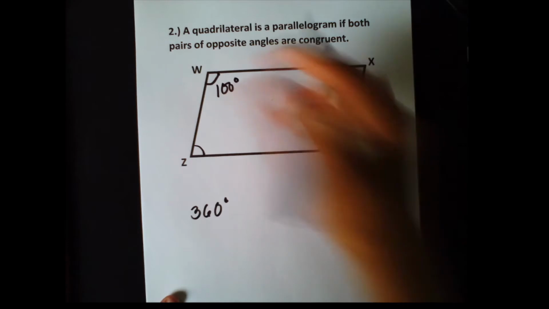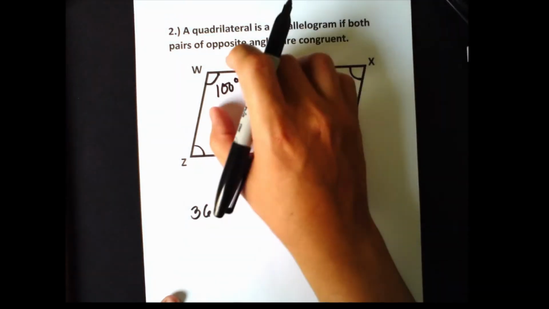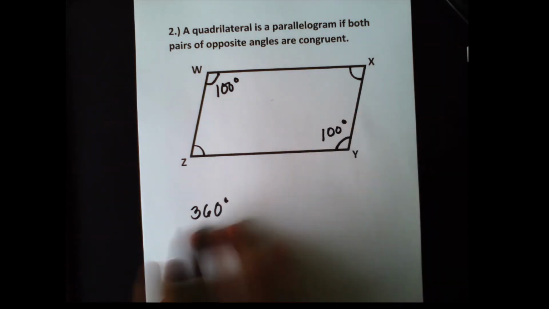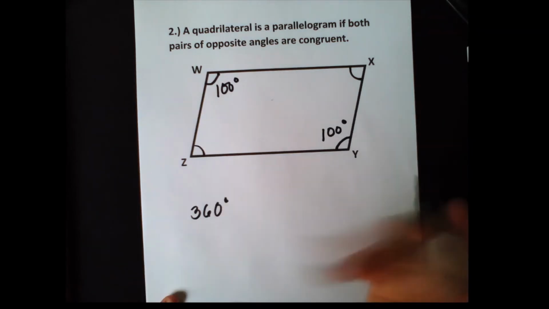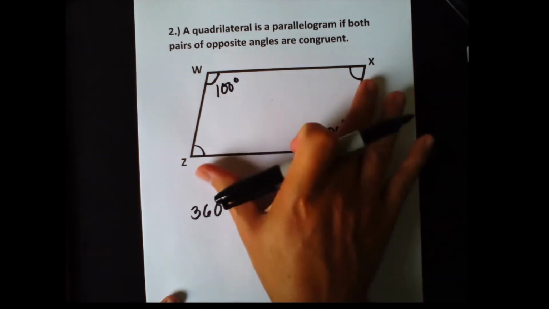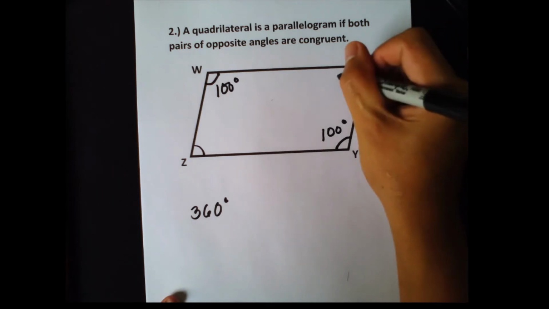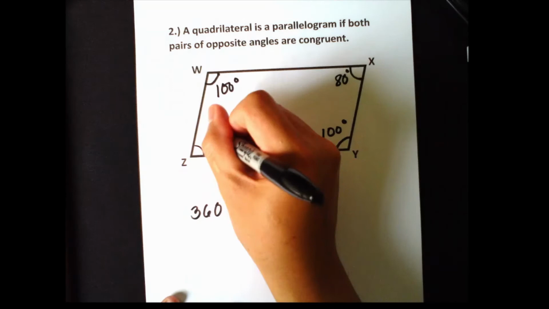Since we need 360, we still have 160 degrees that will be divided into 2. So this will have a measurement of 80 degrees and also 80 degrees.